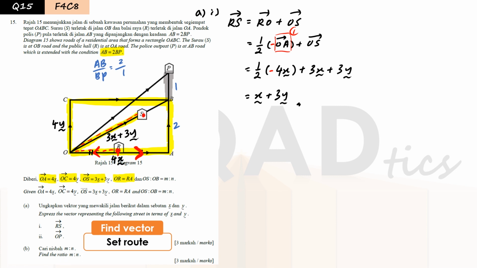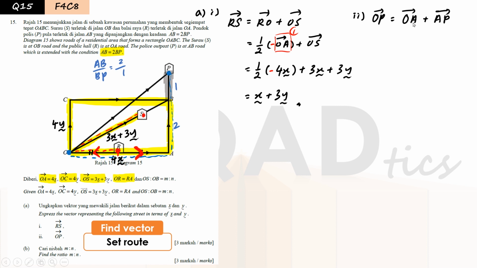For the second vector that we need to find, it is OP. Let's find out the route first. Let me use another pen color. From O to P, I think the fastest way to do this is from O, I straight go to A, and then from A, I straight go up to P. So this would be our route, OA and then AP.